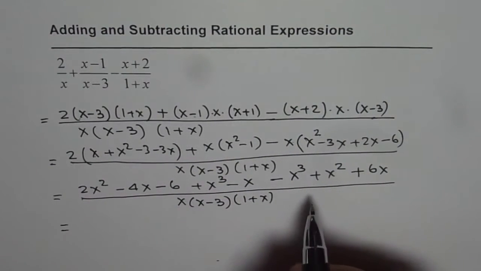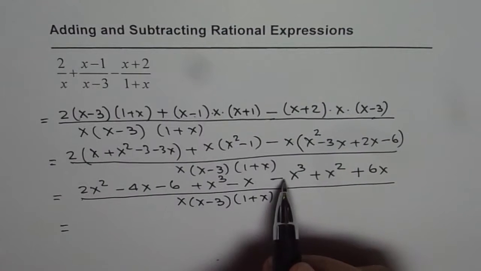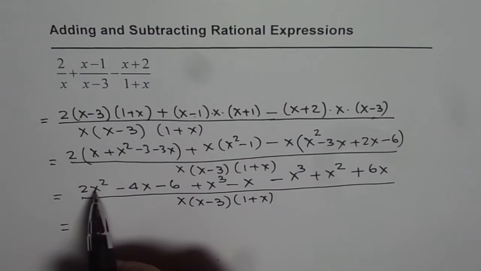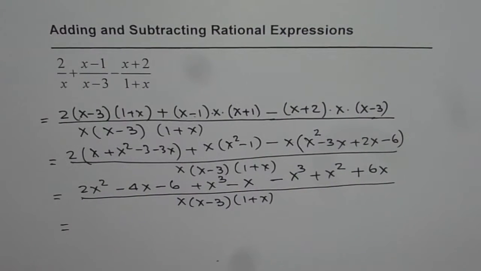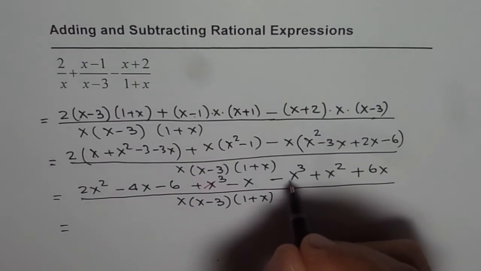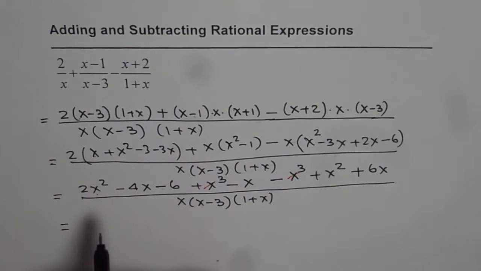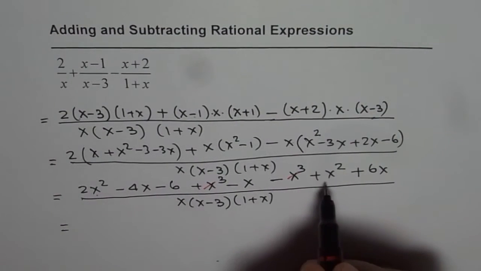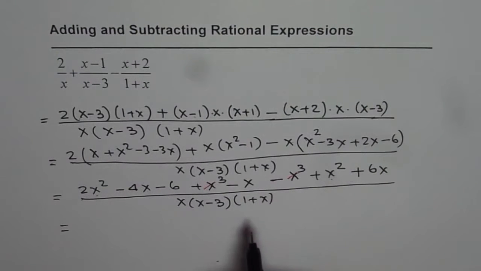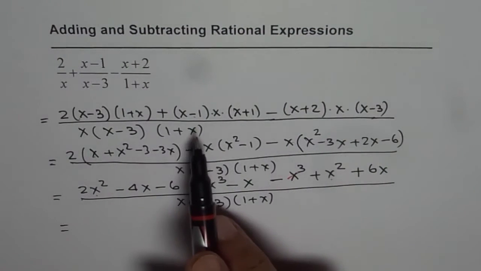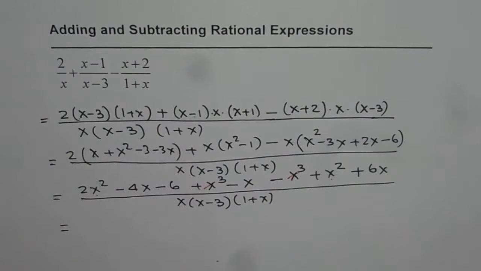Now let's combine the like terms. X cubed minus x cubed is 0. 2x squared, so we have taken care of this. Now let's take care of x squared. So it is 2x squared and we have 1x squared here. So 2x squared plus x squared is 3x squared.